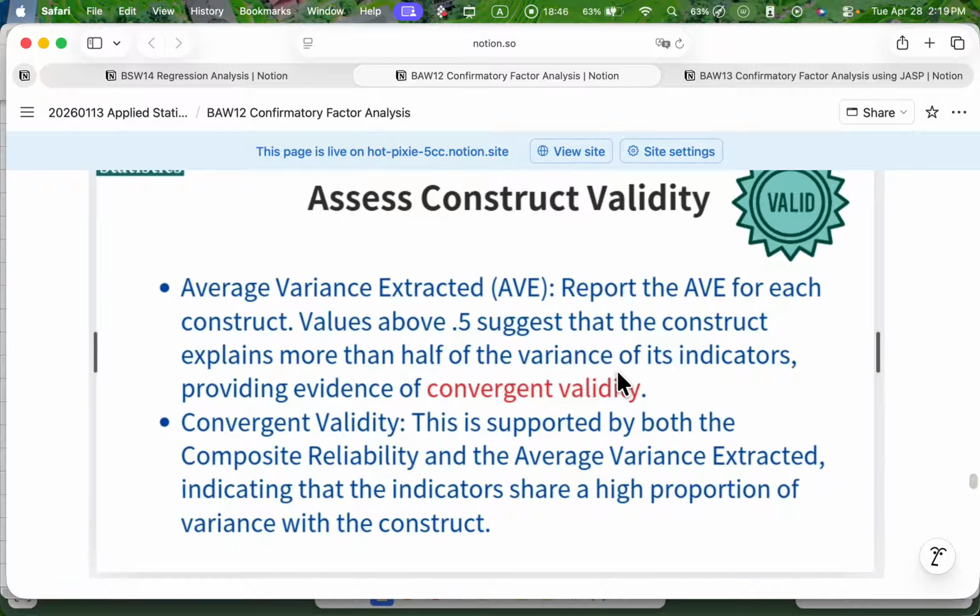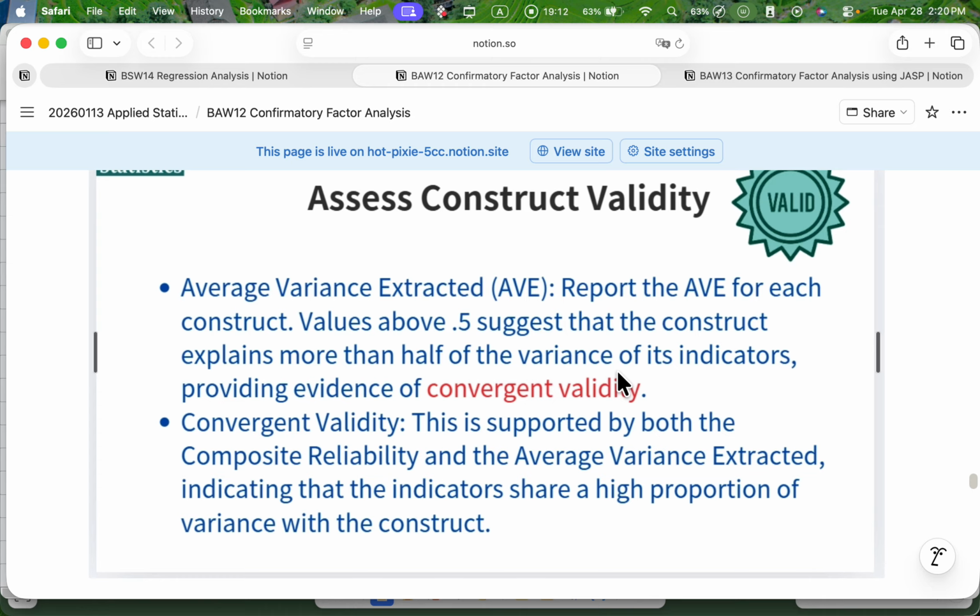The 3 indicators share the same nature of this construct.